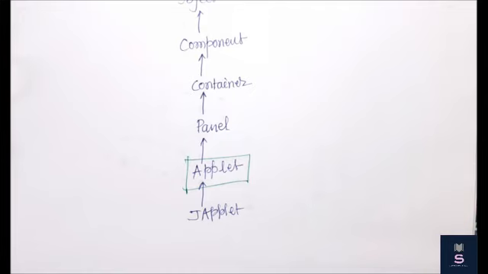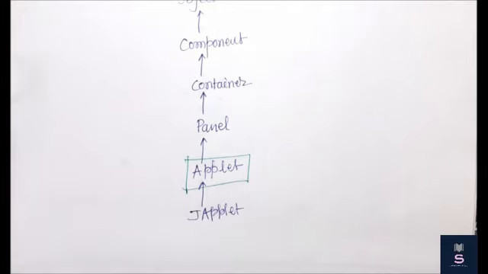So if I want to implement any applet class, please keep that in mind, that every applet class must extend the Applet class, that is java.applet.Applet class. So whatever program I am going to write, my user defined applet class must extend the Applet class, so that I can get the life cycle of this Applet class.